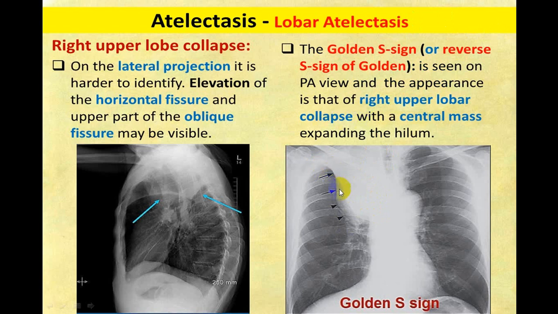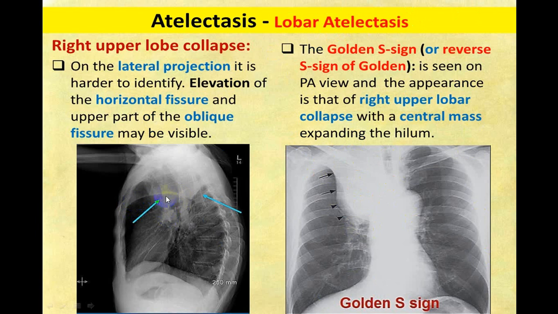Whenever you see this, this is because of the pull of what we call a fissure. So the fissure is pulled up, trachea will be to the same side, diaphragm will be pulled up, hilum will be pulled up, ribs will be collapsed or crowded. When you see such things, always suspect collapse. And in a lateral, you can see the fissure is lifted up.